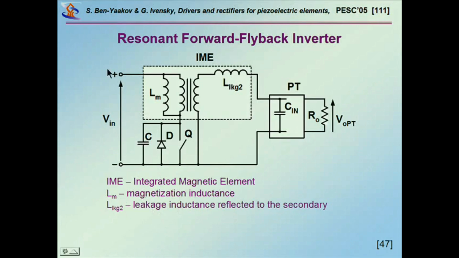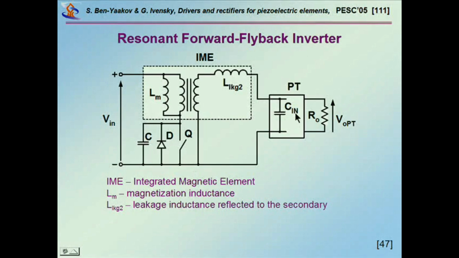That is, when the transistor is on, then you have like a transformer with the inductance feeding the output. So there is power coming in. And then when the switch is off, the power which was accumulated in this magnetization inductance is then fed to the output. The resonance is between basically the leakage and this input capacitance.